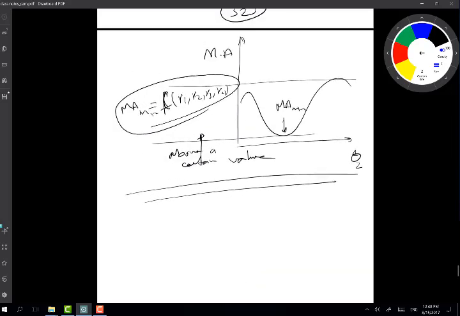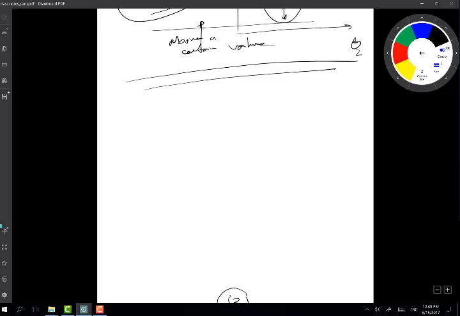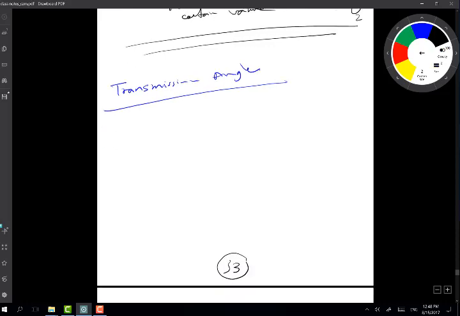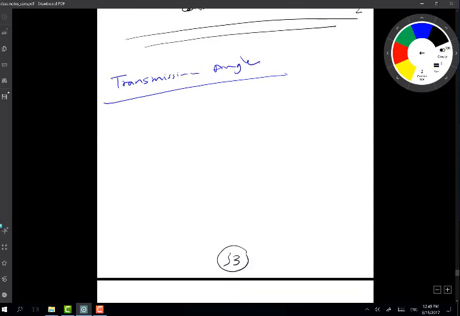Another index of merit of a four-bar chain is referred to as the transmission angle. That's very much related to mechanical advantage, in a way. Let's say I have a four-bar linkage such as this one.